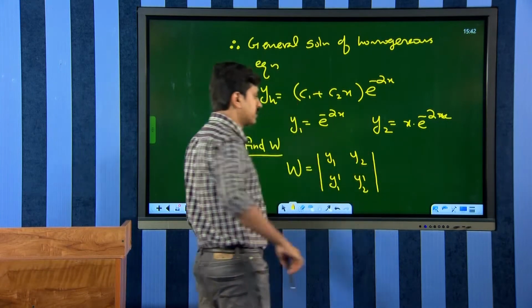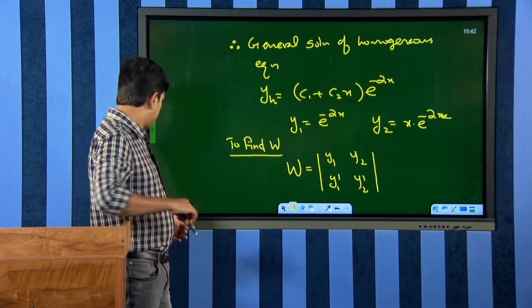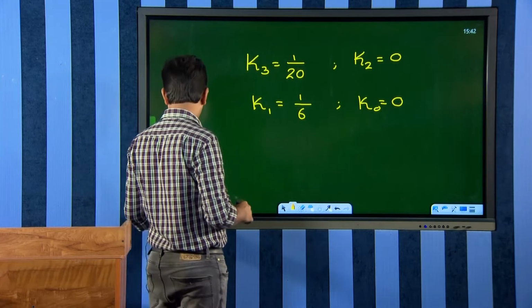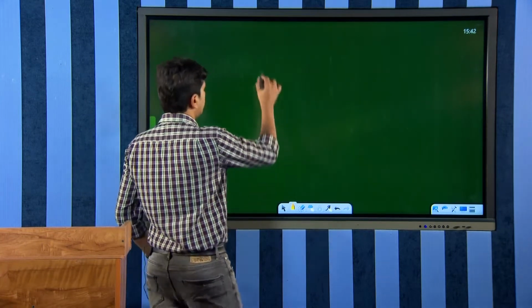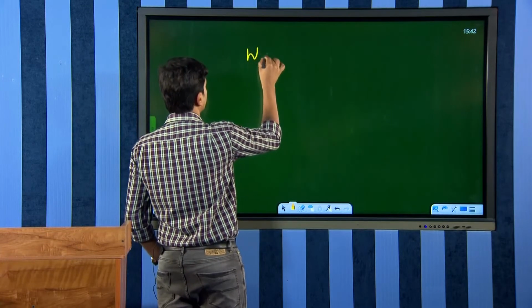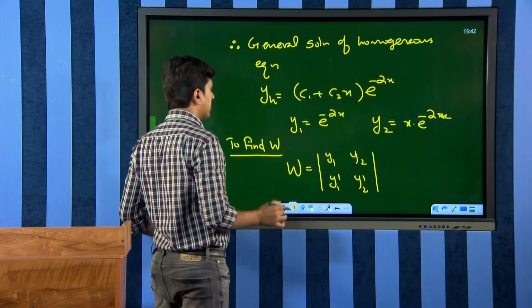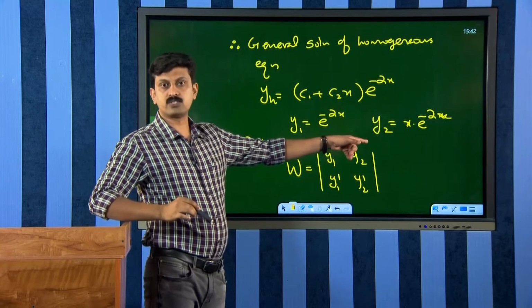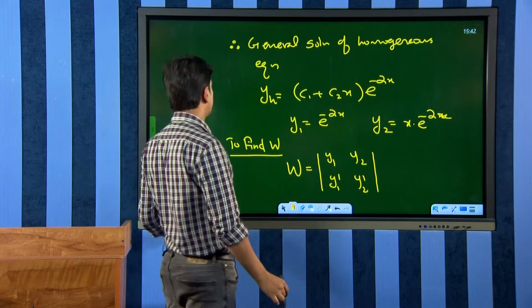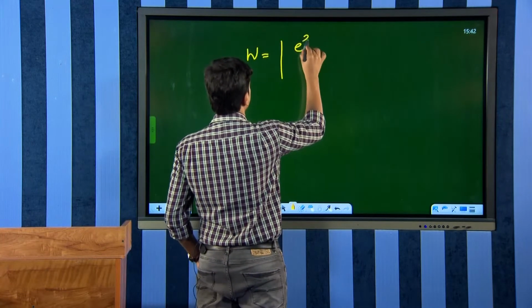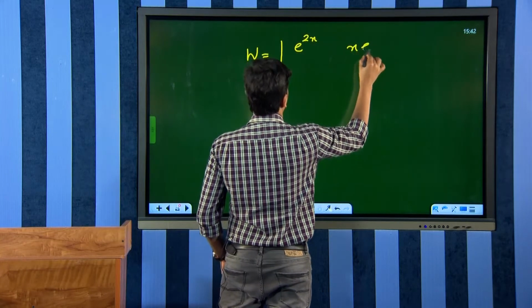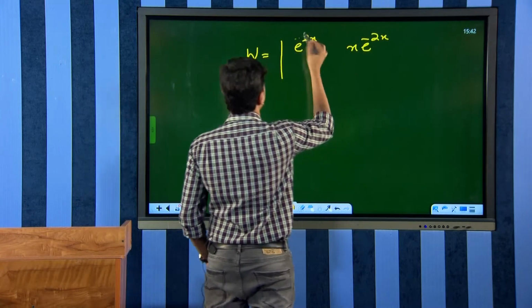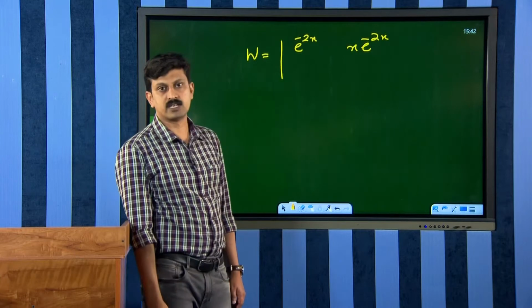That is, W has y1 = e^(-2x), y2 = x e^(-2x) in the first row, and the derivatives in the second row.